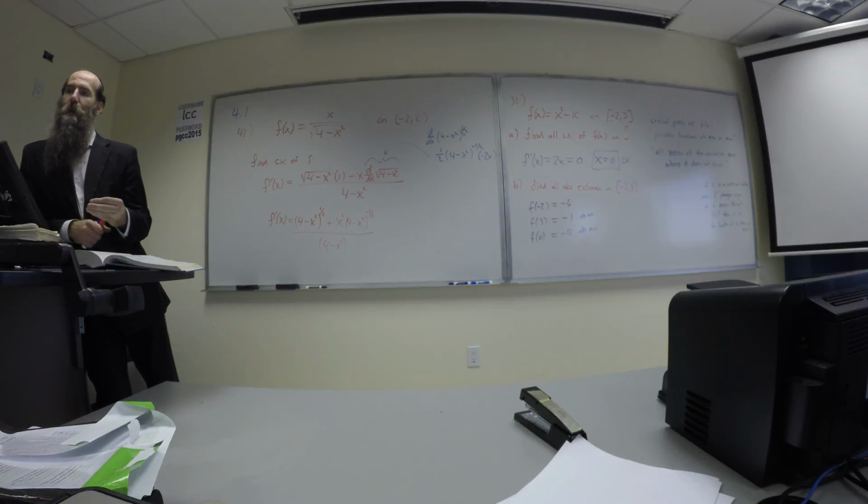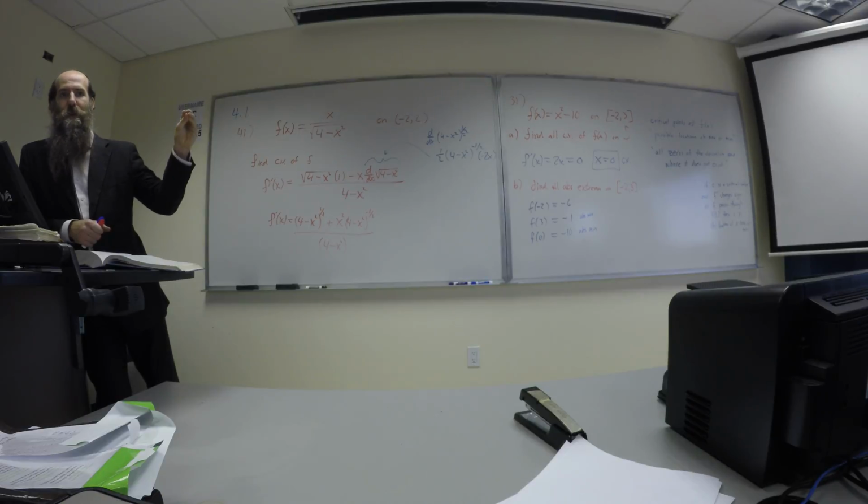But I don't care about the x that makes the derivative undefined if it also makes the original function undefined. Because the original function doesn't exist there, the derivative at that location doesn't exist there either. It's not telling me anything. It's only when it's defined for the original function and it makes the derivative undefined that something might be happening.